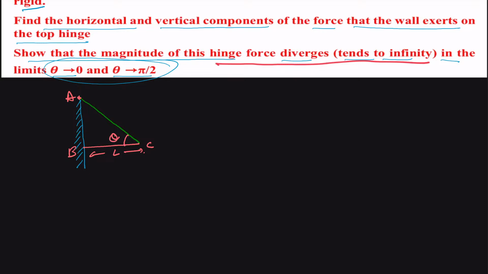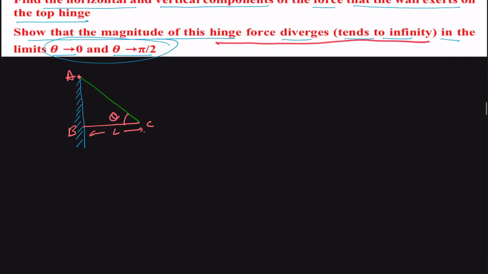So it is given that everything is in equilibrium. So we are going to discuss it in two parts. First will be with respect to rod BC and point C, and the other one will be rod AC with respect to point A, and then we are going to solve this.